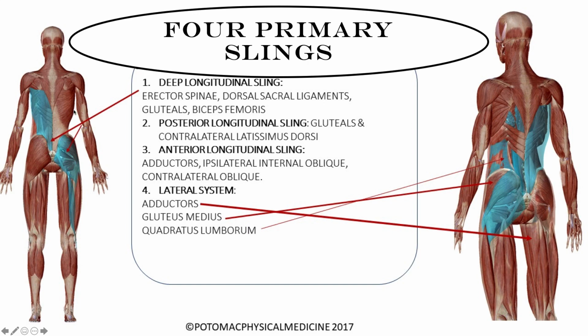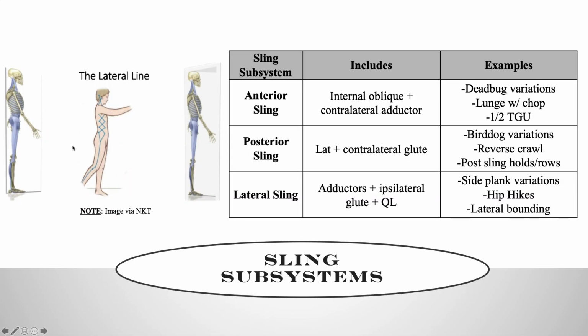I include the lat in there as well, but lat, adductor, glute, QL, that makes up the lateral chain. So again, anterior internal oblique plus contralateral adductor, posterior lat plus contralateral glute, lateral adductors, glute, QL, and just your baseline ways to train or target those in a foundational format.